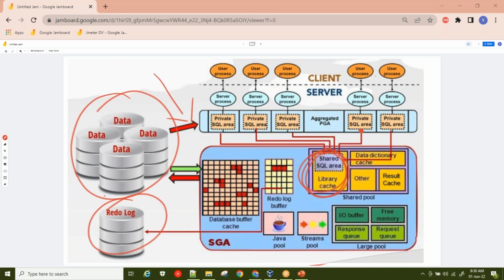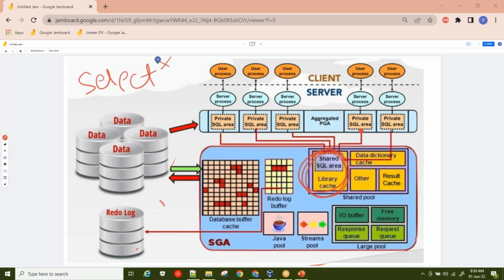I will explain very simply. Let's say I have a select star statement, or I have some join statement. Now select star and join both will be executed with a different process, right?